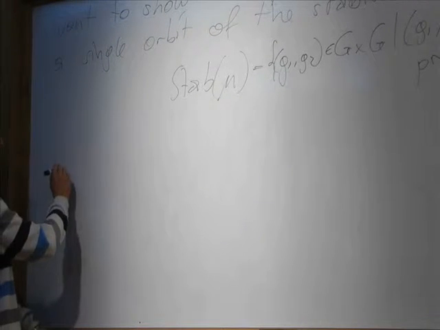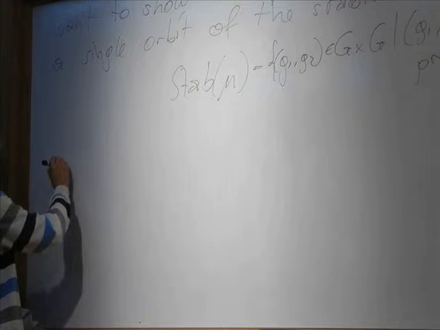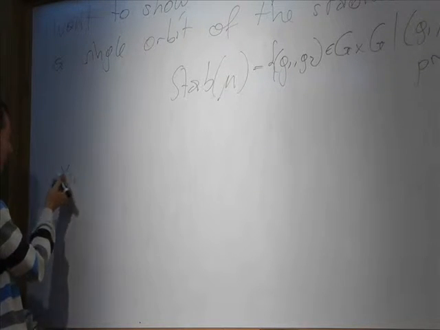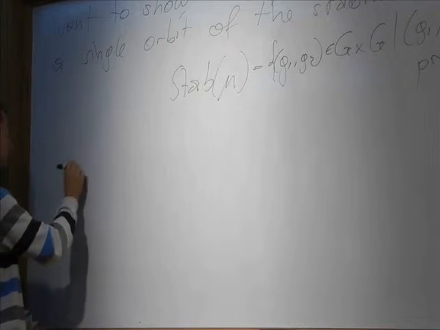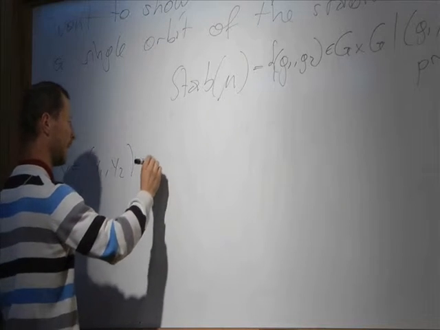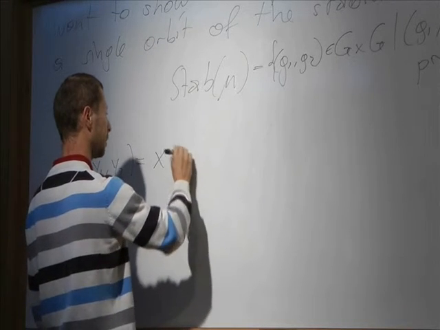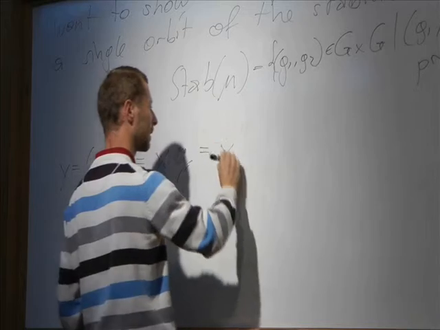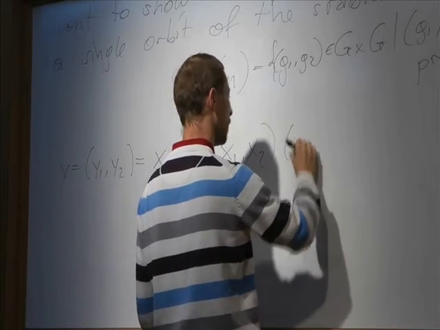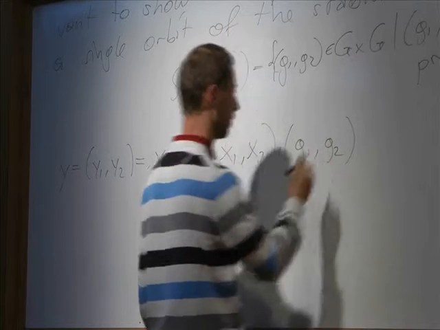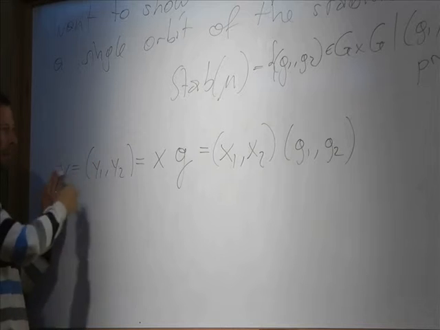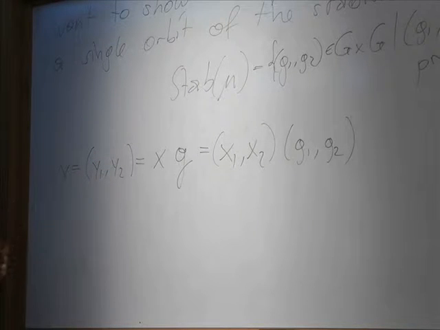So we can have points y, which is a point y1, y2, which is an x times a g, which is an x1, x2 times a g1, g2. Right? Every letter in the previous discussion now is two coordinates.